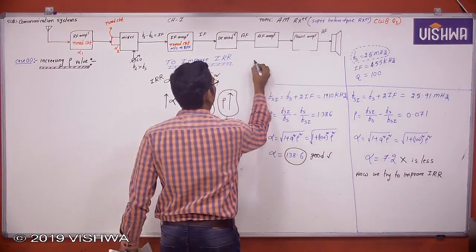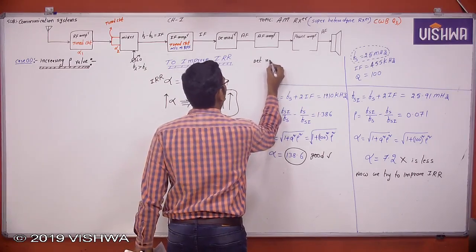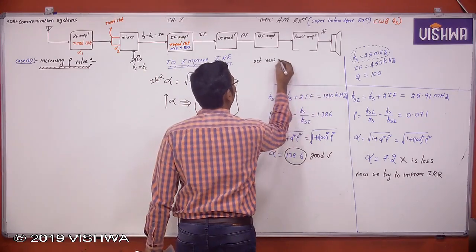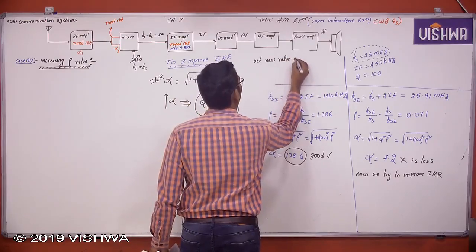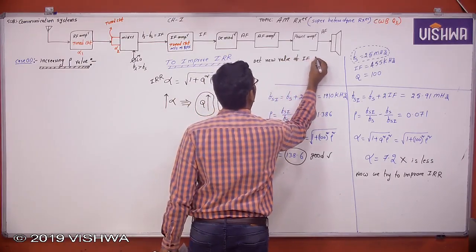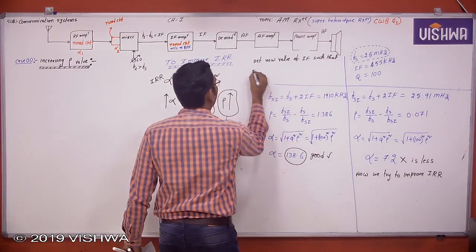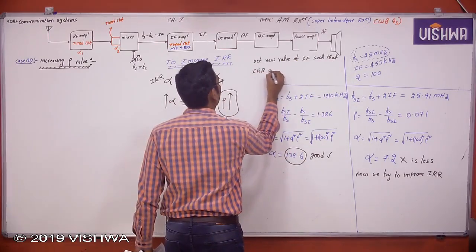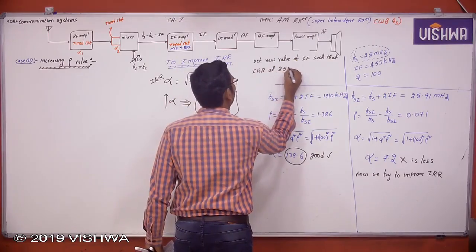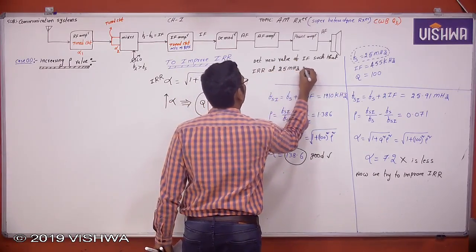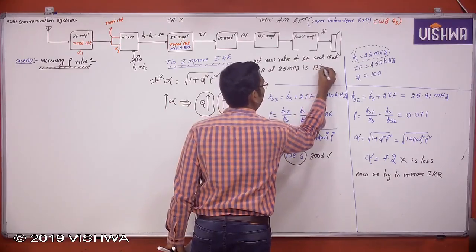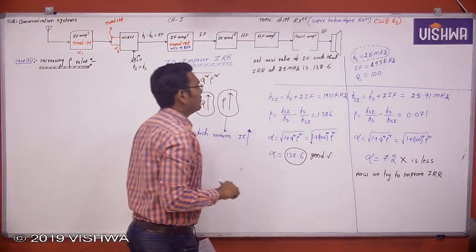Determine, same problem, determine new value of IF such that image rejection ratio at 25 megahertz is 138.6.